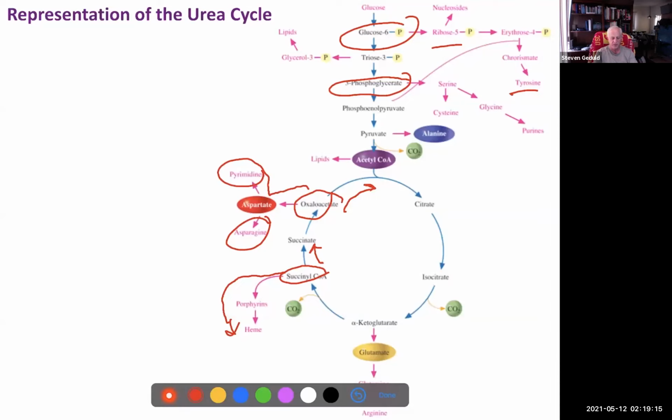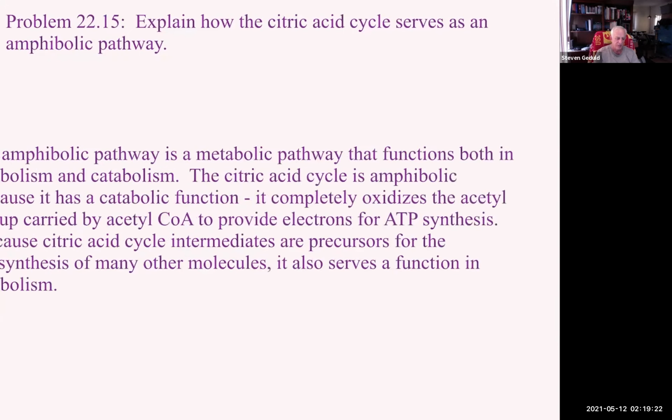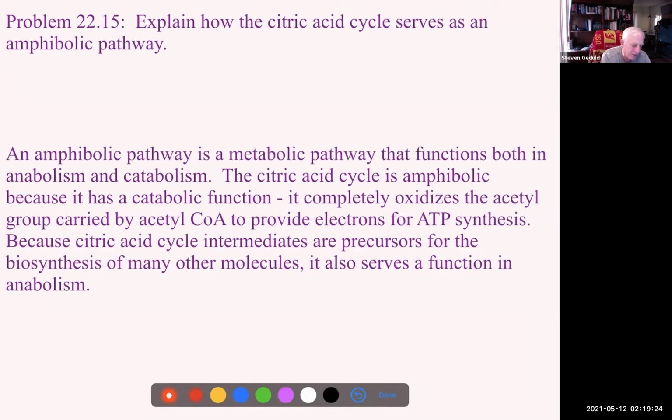Remember intermediates from it. So explaining how the citric acid cycle serves in an amphibolic pathway, just like we just said. The amphibolic pathway is a metabolic pathway that functions both in anabolism and catabolism. We break it down to produce ATP, or we can use those intermediate steps to produce more amino acids and biosynthesize them.